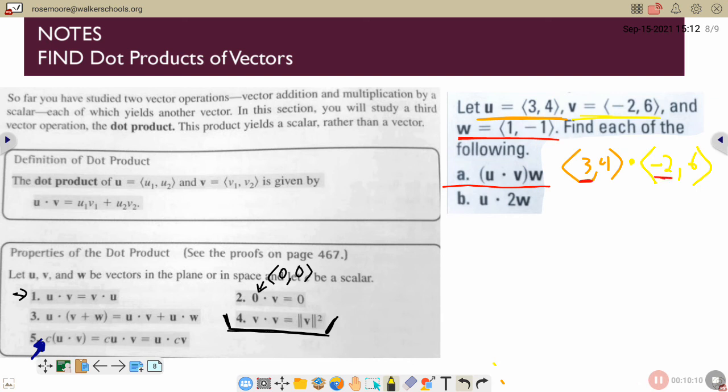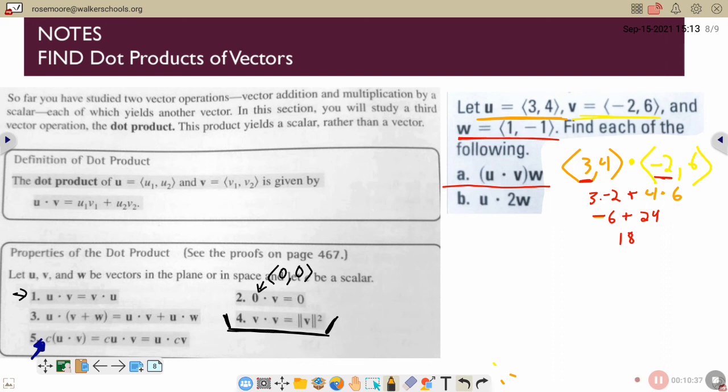Okay, so 3 times -2 plus 4 times 6. 3 times -2 is -6 plus 4 times 6 is 24. -6 plus 24 is 18.